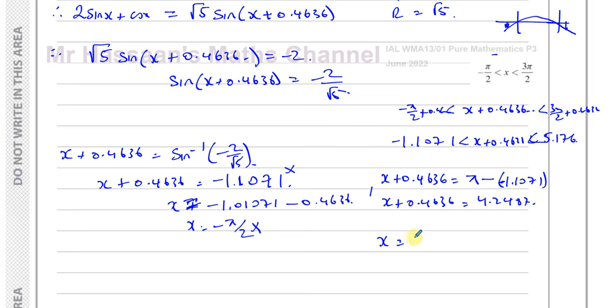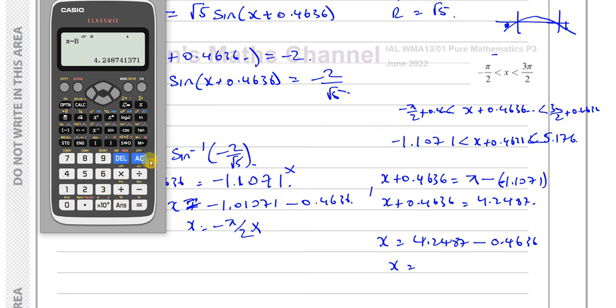Therefore x is going to be 4.2487 minus 0.4636. So x is this answer minus what we stored as A, recall A, 0.4636. The answer minus A will give us 3.7850.